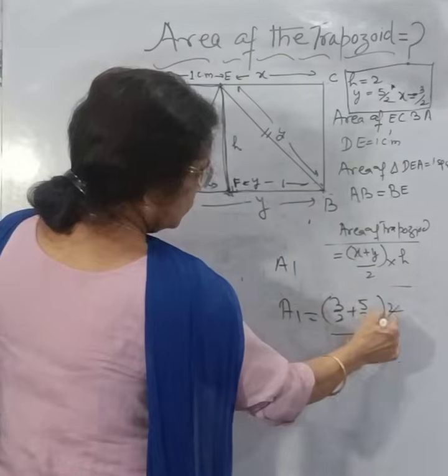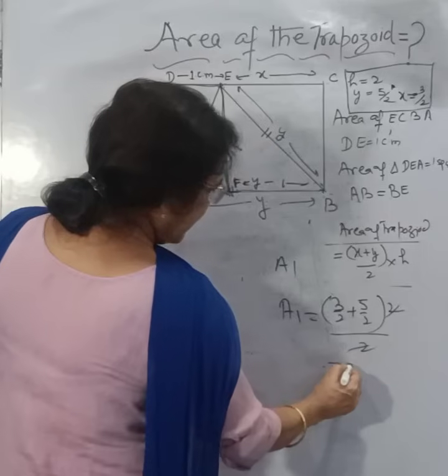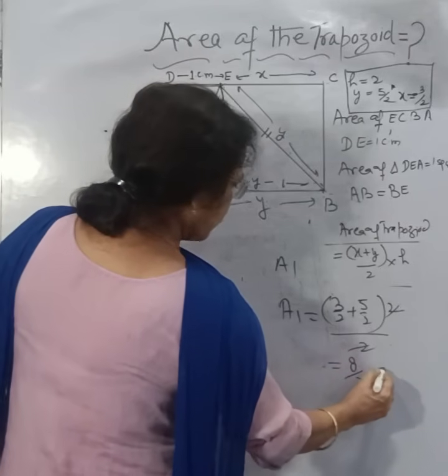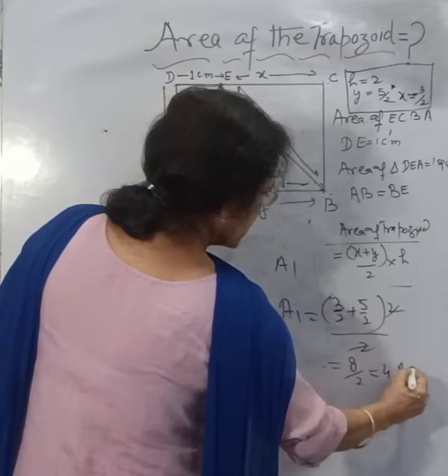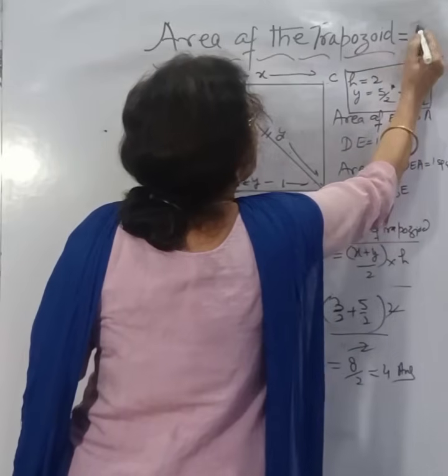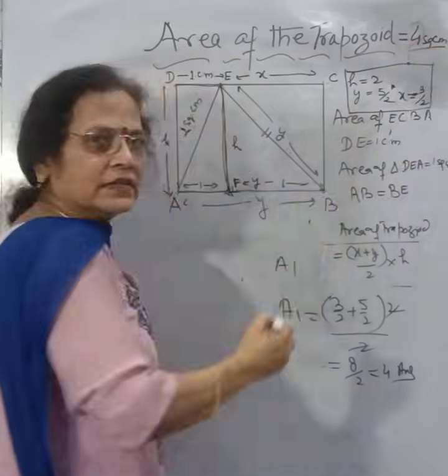This 2 is gone. This is 3 plus 5, 8 by 2, that is 4. Answer: area of the trapezoid is equal to 4 square cm. This is the answer.